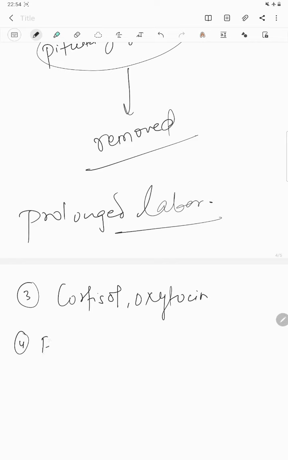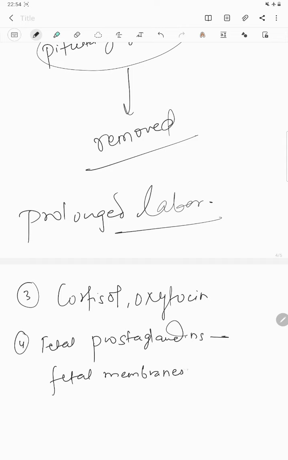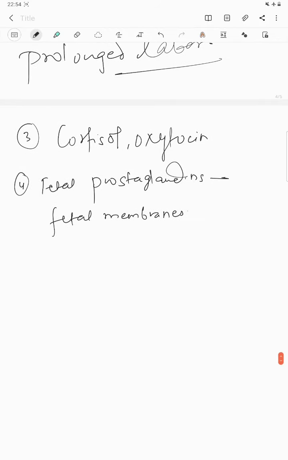Now fetal prostaglandins, secreted from fetal membranes, act in a paracrine fashion and can increase the intensity of uterine contraction.